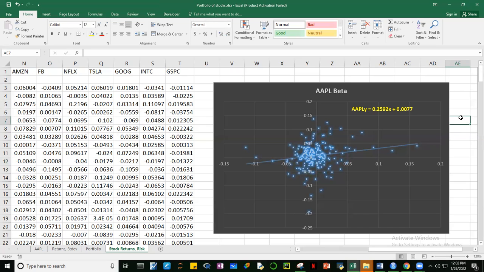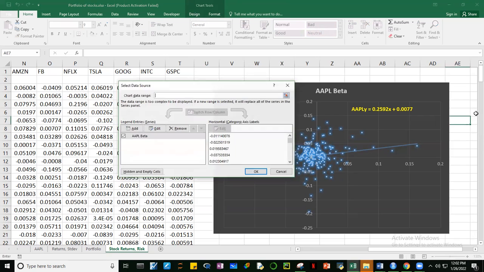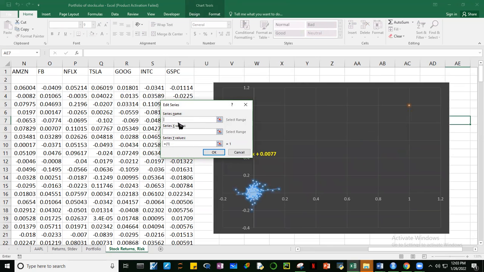No? Okay. So suffice to say muna ngayon guys that ito yung slope ni 0.25, 0.26. Ito yung beta as far as we're concerned. Ito yung beta ni Apple relative to Standard & Poor's. Okay, let's add another data. Sige. Right click tayo tapos select data, magdagdag ulit tayo ng data, add, lagay natin, sino pa ba?